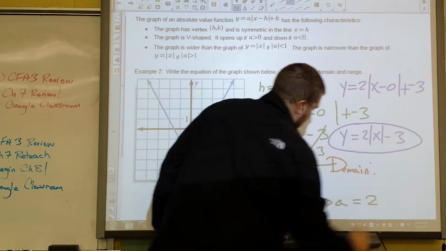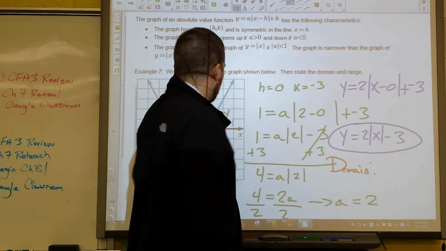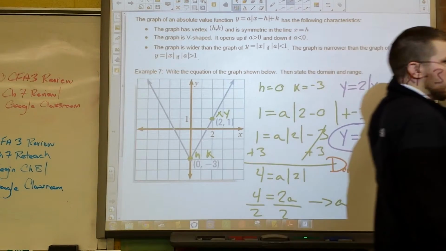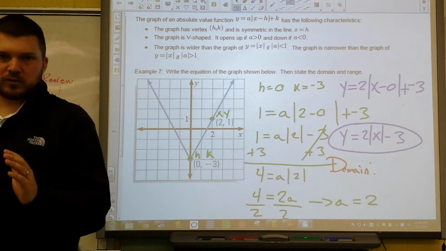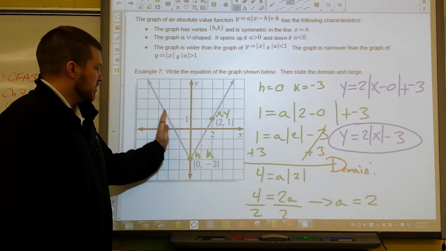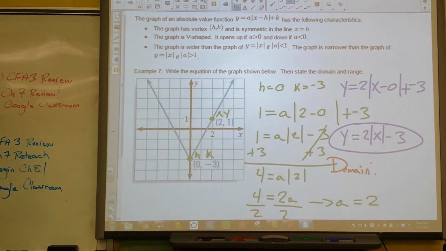And all I'm looking at is the graph. To find the domain, all I'm looking at is the graph. If I follow the graph, well, I can keep going right. Keep following the graph all the way off the screen, but I can keep going right as far as I want to. I can do the same thing going to the left, following the graph all the way as far as I want to off the screen.